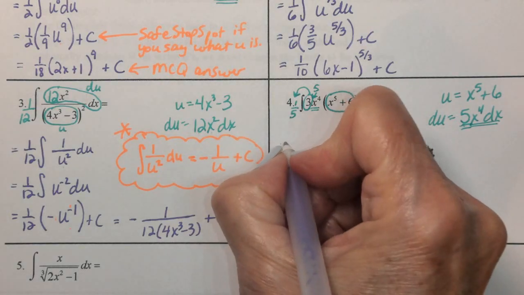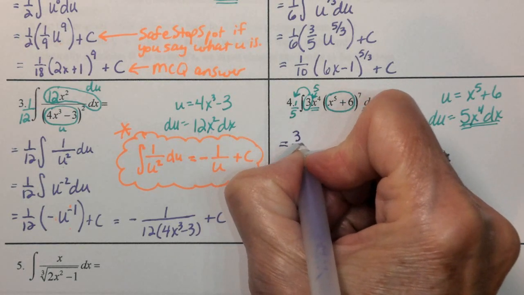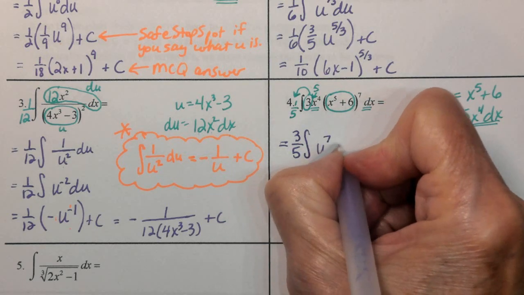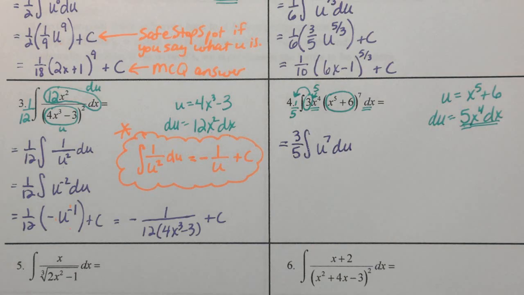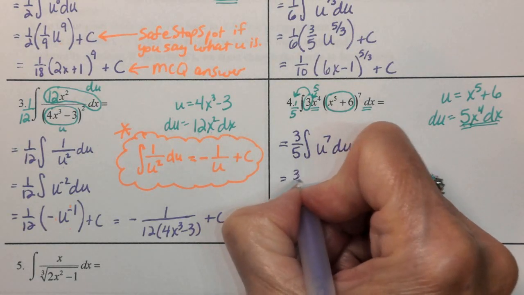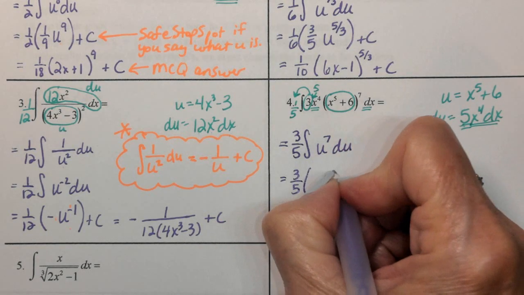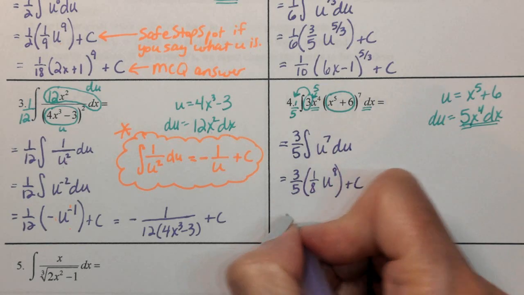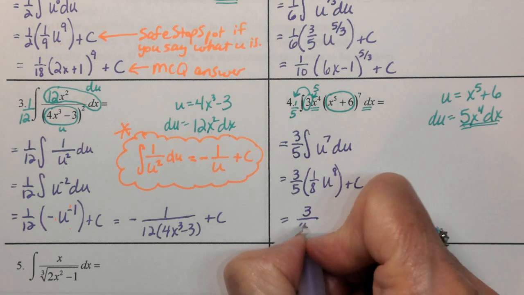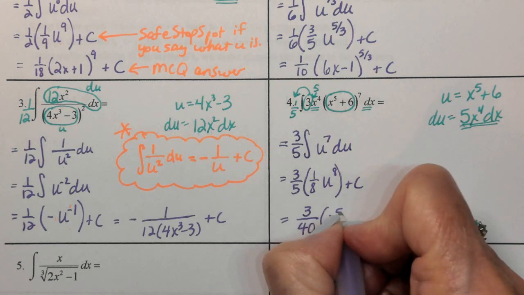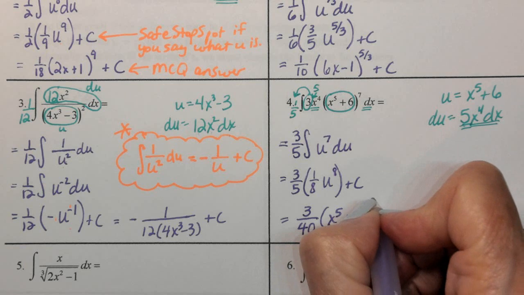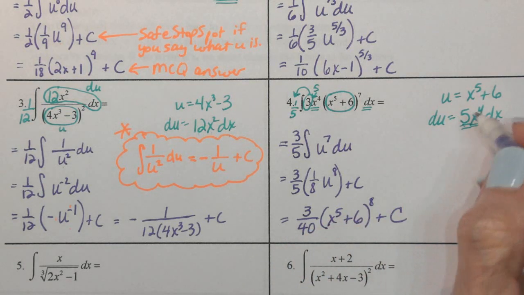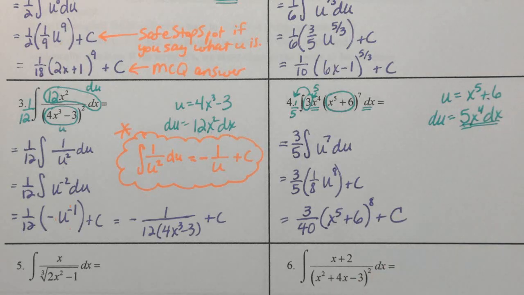So my integral is 3 over 5 times the integral of u to the 7 du. And now power rule: raise your power by 1, divide by your new power. As a multiple choice answer, 3 over 40, x to the 5th plus 6 to the 8th power, plus c. They will just go back to x's at the end for multiple choice answers.